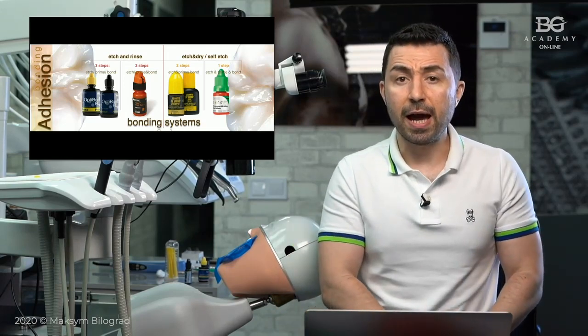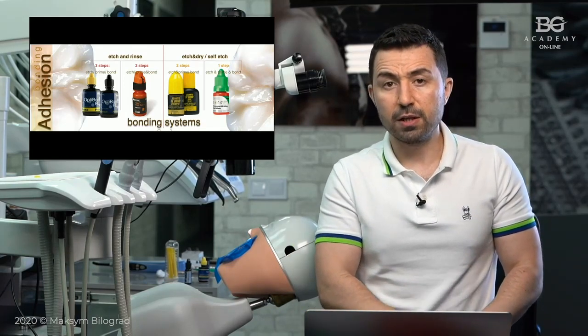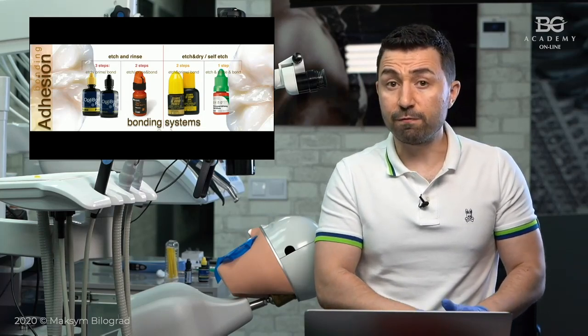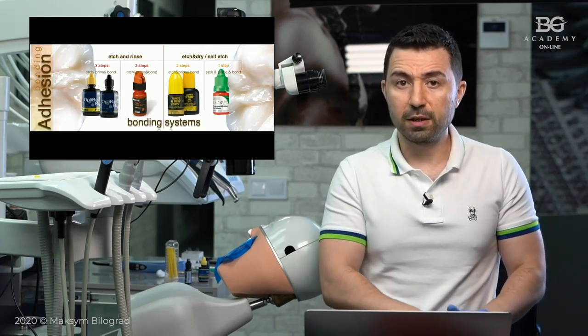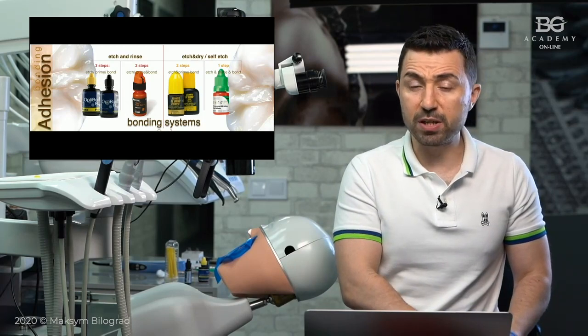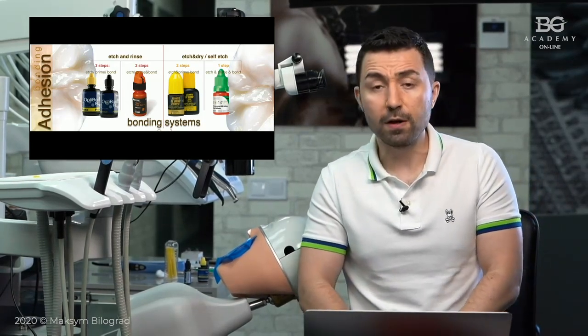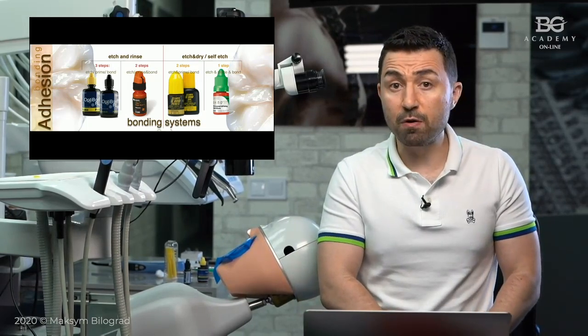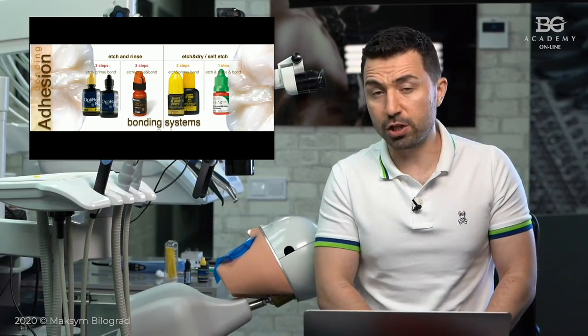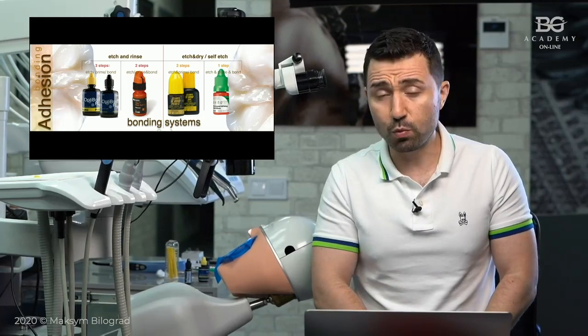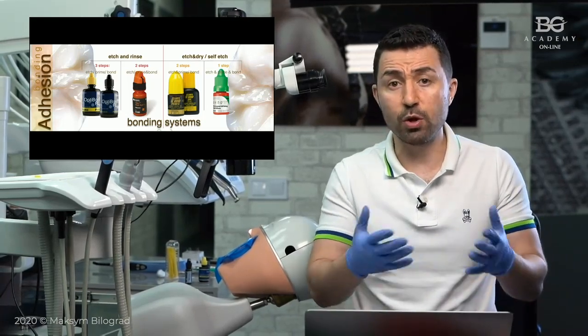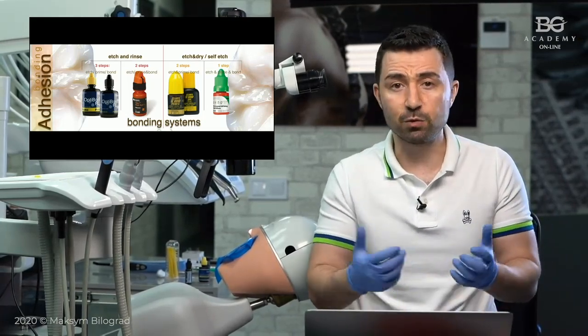Total etch has also two groups. The group one, the fourth generation, when you have primer as a separate bottle and you have adhesive as a separate bottle. Adhesive systems number 5, or 5th generation, is a one-bottle system, when you have primer and adhesive in one bottle.